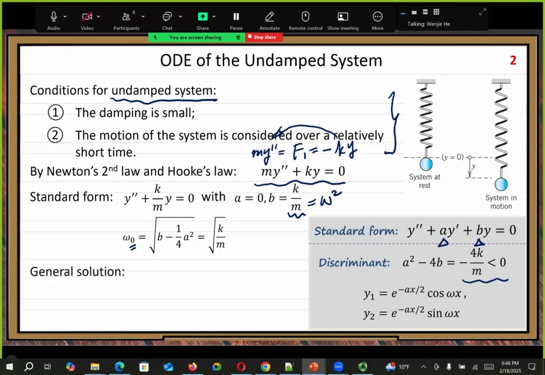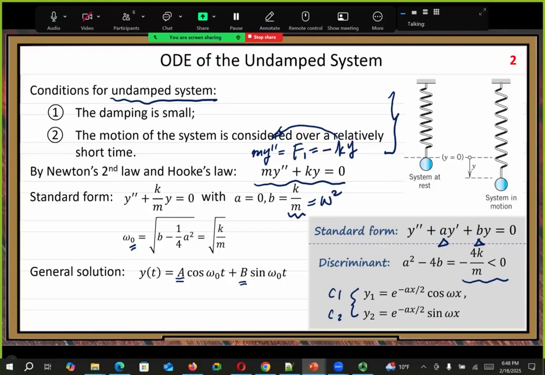So then the general solution is a linear combination of y1, y2: C1 times y1, C2 times y2. Here the constants we use are capital A, capital B, although not C. So a linear combination of these two.